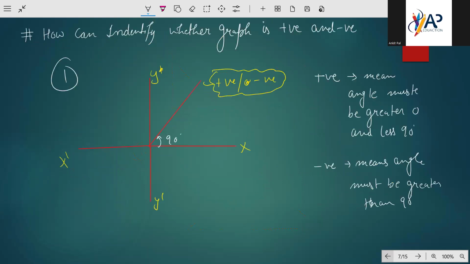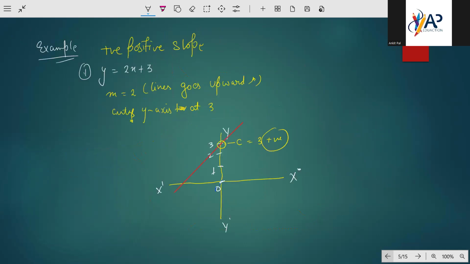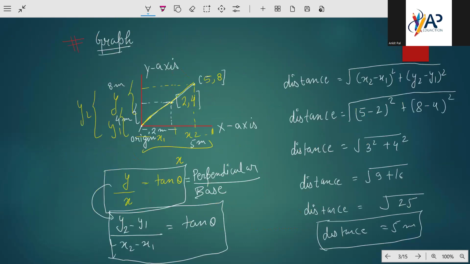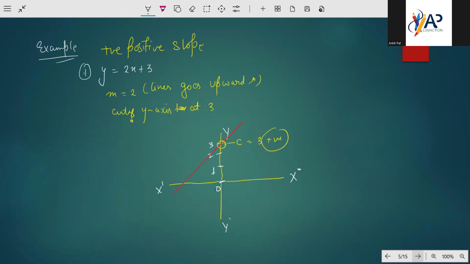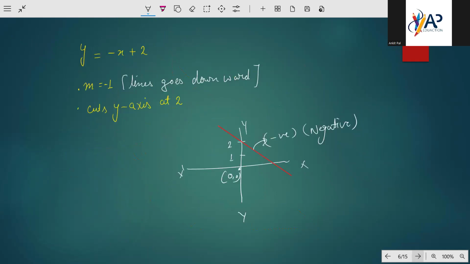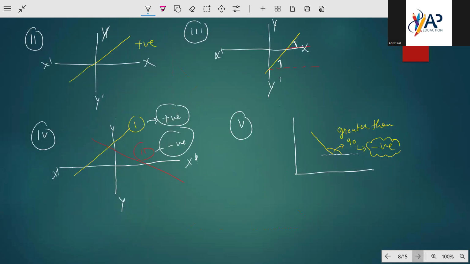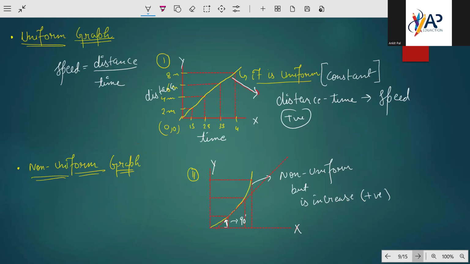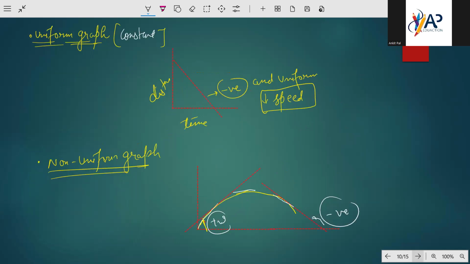You can see the whole graph. If there is any doubt regarding this, you can ask. Tomorrow we will study more graphs, distance-time graphs, even velocity-time graphs, and we will also do some question practice.